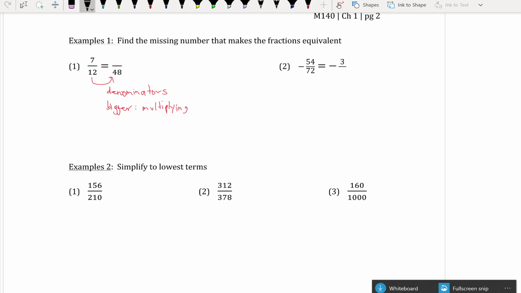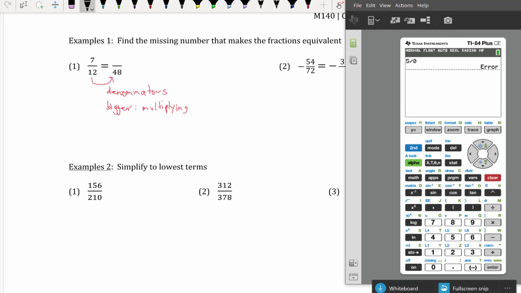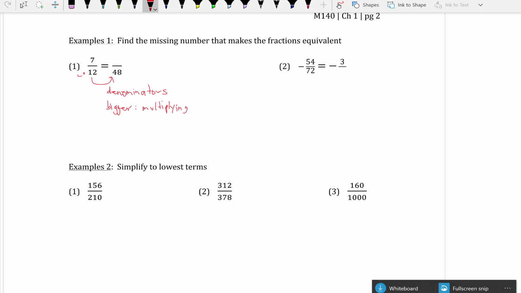Well, you can do this on your calculator to figure out the number. You want to know 12 times what is equal to 48? If you go the opposite way, 48 divided by 12 is going to be 4. So that tells us that 12 times 4 equals 48. So what I did is multiply by 4 to get to my 48.